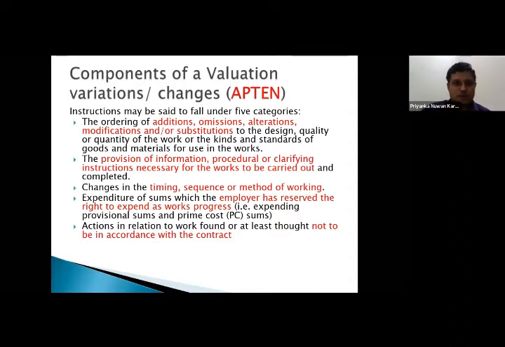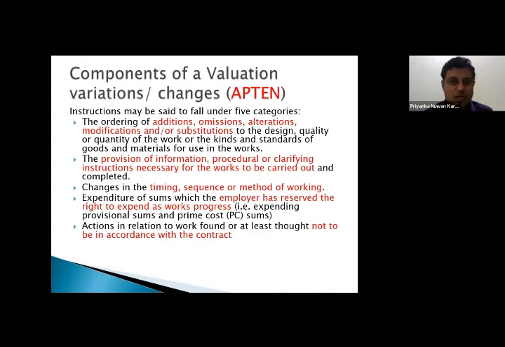Then the provision of information, procedural or clarifying instruction necessary for the works to be carried out and completed. Right? Sometimes a contract might have missed. I will say contract. When I'm talking about the contract, it is the contract which starts from capital C, right?